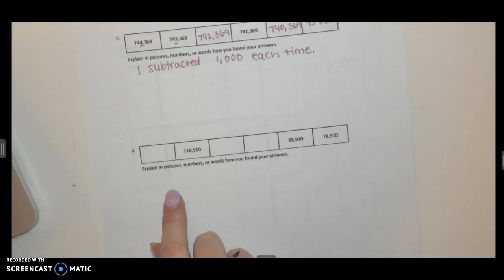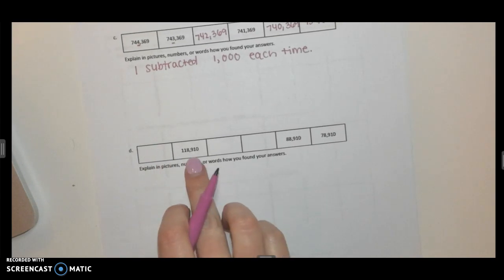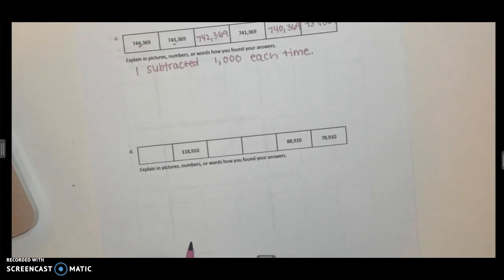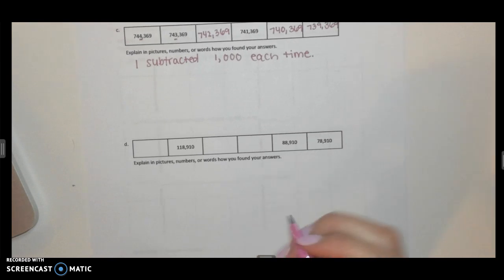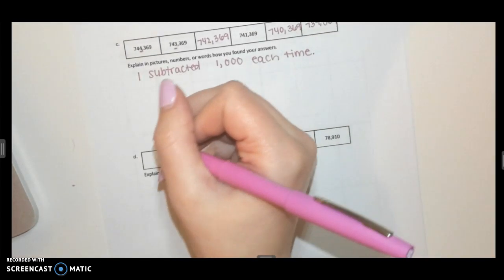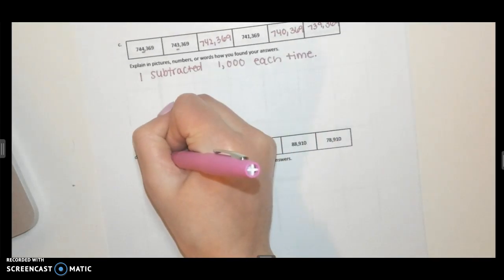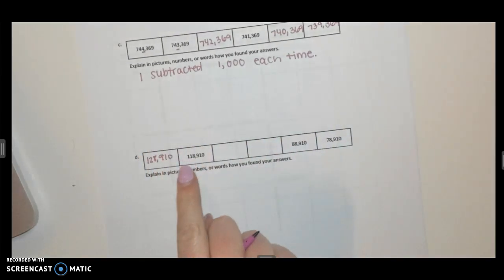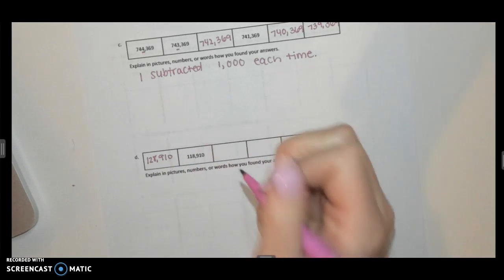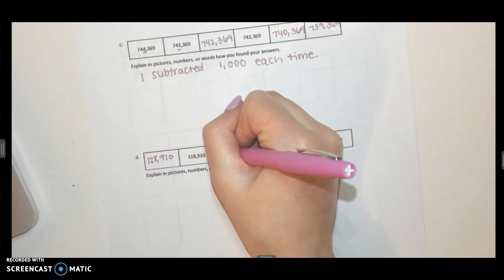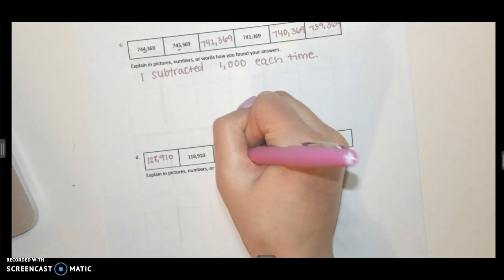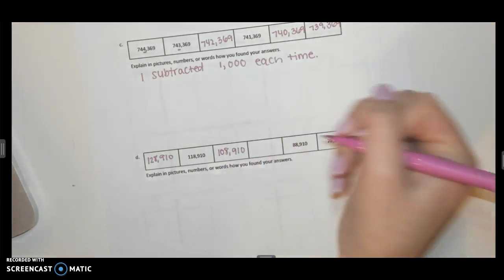Now on D, we're going to do the same thing. Looks like we're subtracting again because this number is bigger than this number, and it looks like we're subtracting 10,000. So here we'll have 128,910. Now we'll subtract 10,000 more, so it will be 108,910.